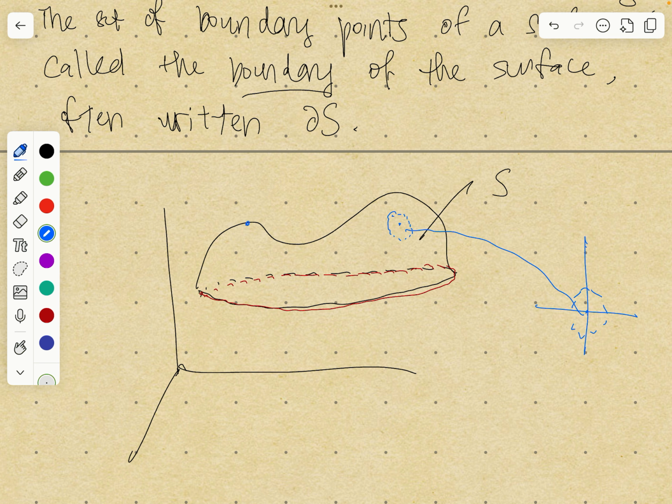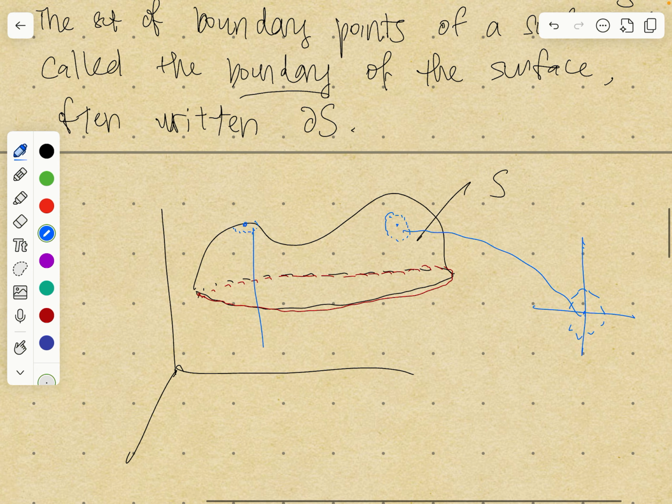When you look at the top of the surface, it's going to have a neighborhood which is kind of wobbly, but it will still be covered by an open set in R2. This point is not visible in the picture, but you'll be able to map it in a one-to-one onto fashion from an open set in R2.